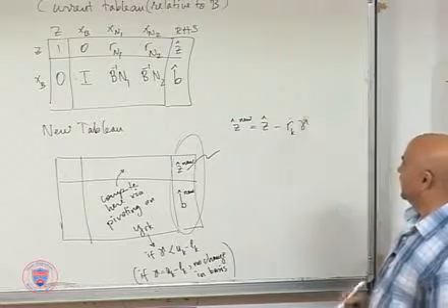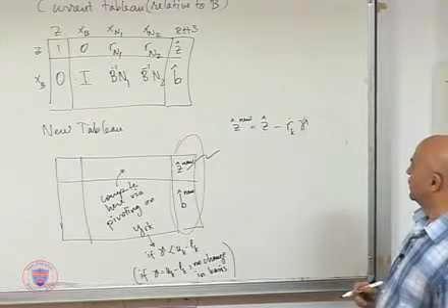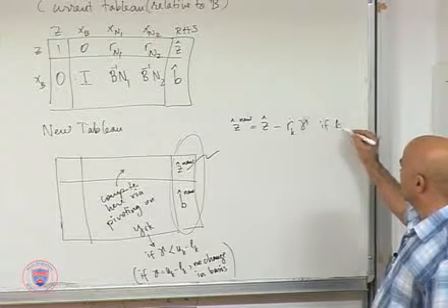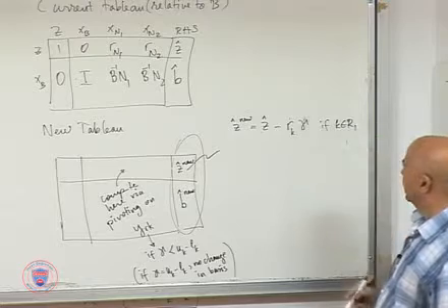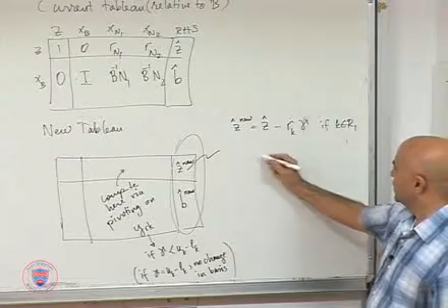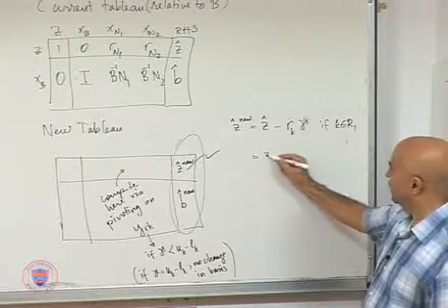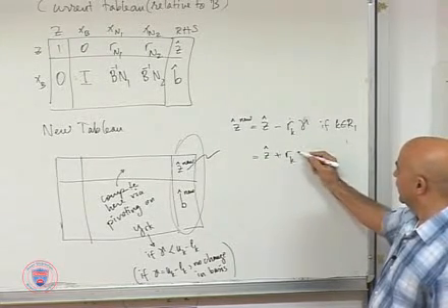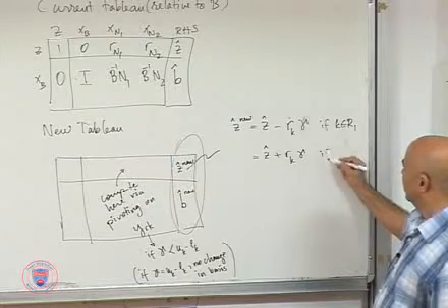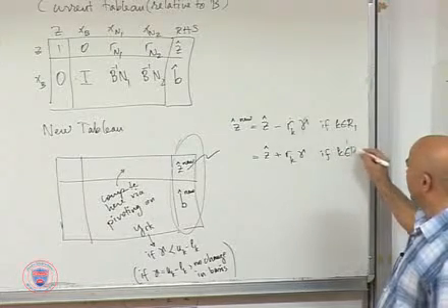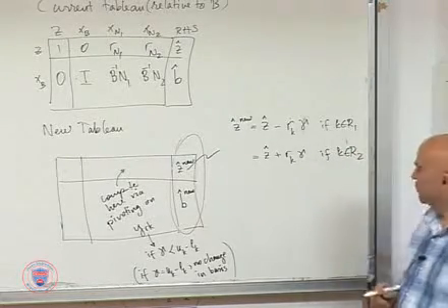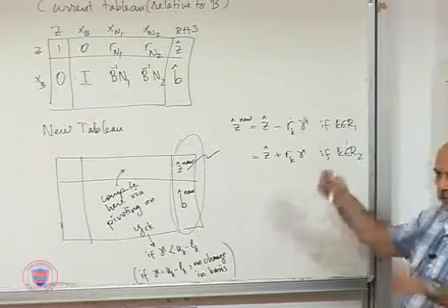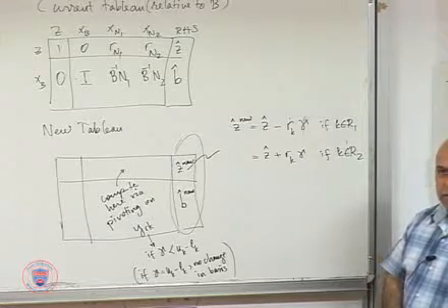So z cap minus rk times gamma if k is in R1. What about in the other case? In the other case, it will be z cap plus rk gamma, if k comes from R2. In that case, of course, rk is negative, so gamma is positive, so you're still going down. Okay?